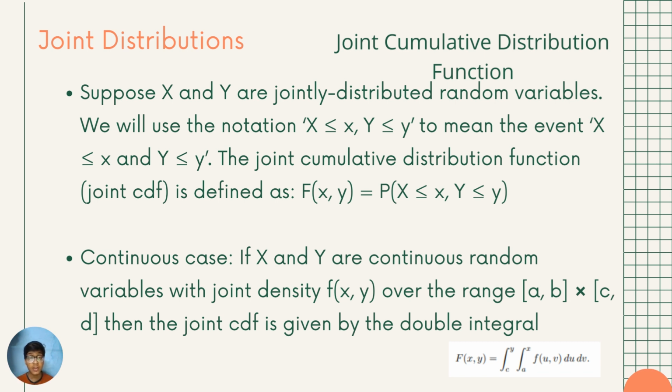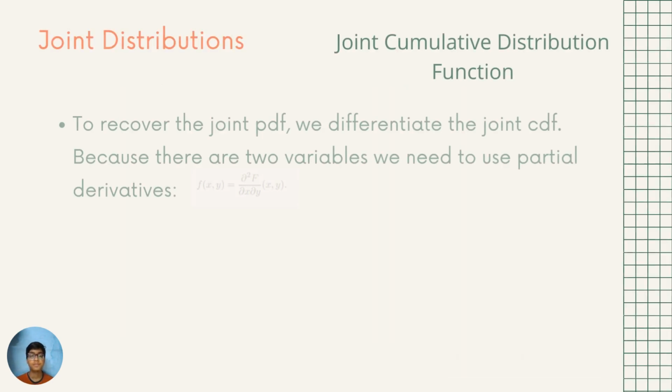In the continuous case, if capital X and Y are continuous random variables with joint density f of x comma y over the range a comma b times c comma d, then the joint CDF is given by the double integral from c to y, integral from a to x, of f of u comma v du dv.